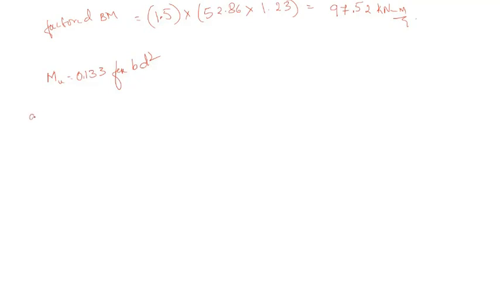Mu how much we have got? 97.52 into 10 power 6, in terms of Newton mm, equals 0.133 fck. He said to use M20, b is 1000, and we have to determine the value of d. Therefore, this will be equal to 191.47 mm, or you can say 250 mm.